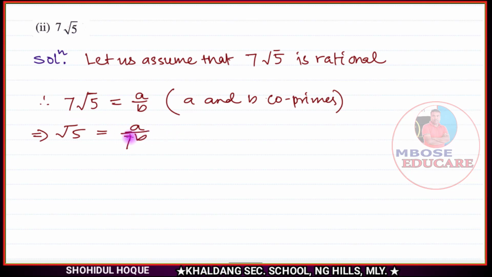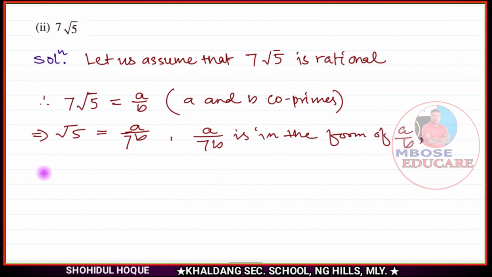Now you can see a by 7b is in the form of a by b.